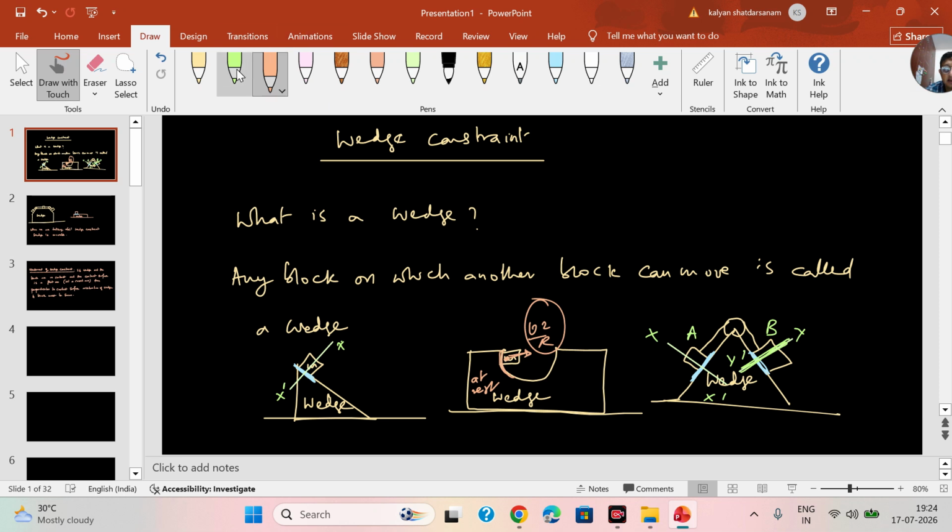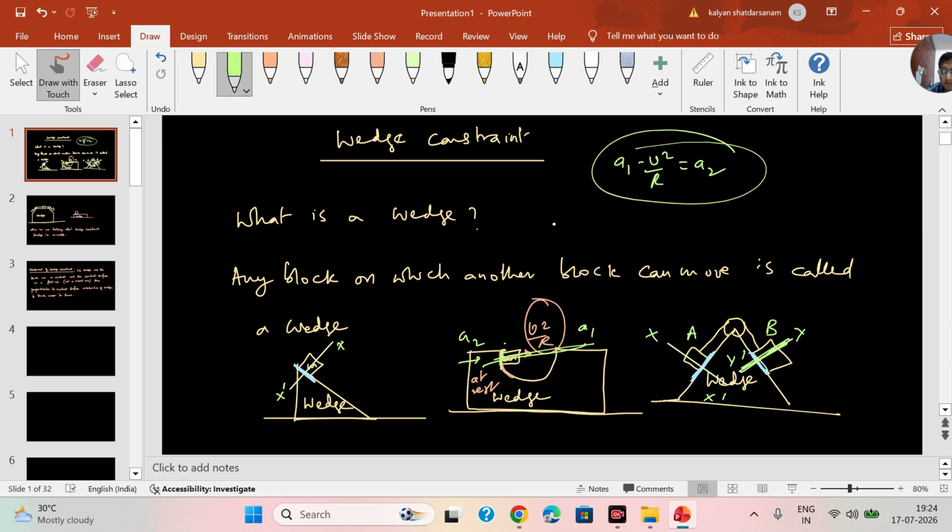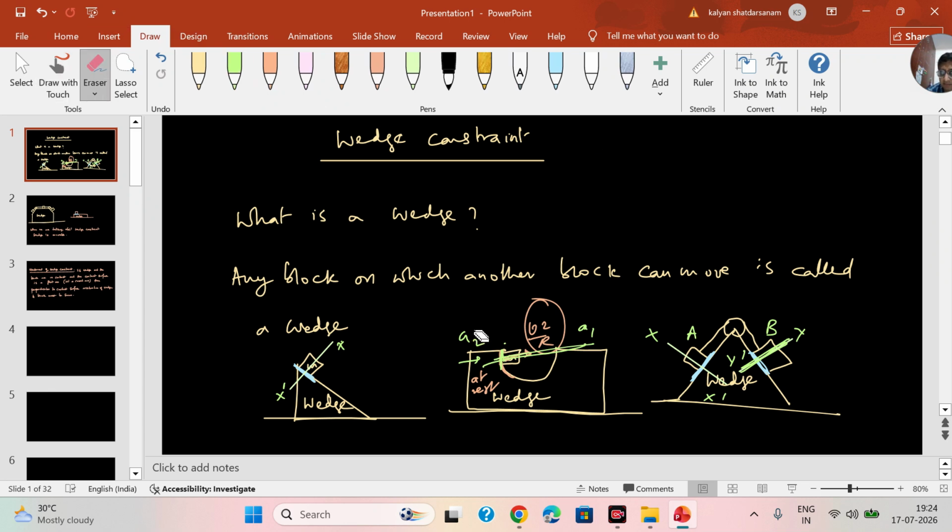Suppose the acceleration of the block in this direction is some a1 and the wedge in that direction is a2, then a1 minus v square by r should be a2. That is the constraint. We have to make some adjustment. That's the reason I am not going into curved surfaces, and we very rarely get such a problem involving curved surface.